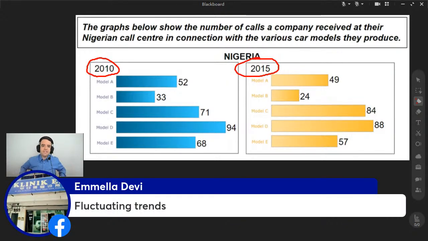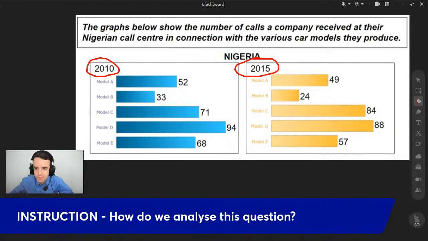Fluctuating trends would be more a description of the fact that they change. But when we talk about a fluctuation, it's more like on a line graph where there would be many ups and downs. So that term fluctuate wouldn't be suitable for what we're looking at here.